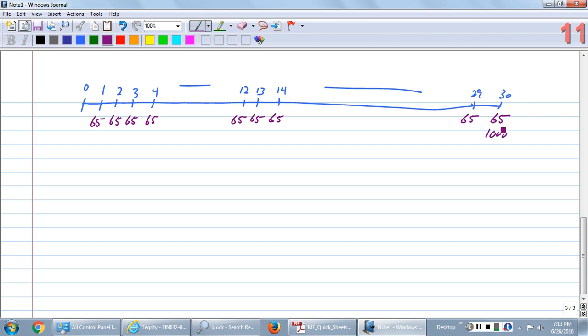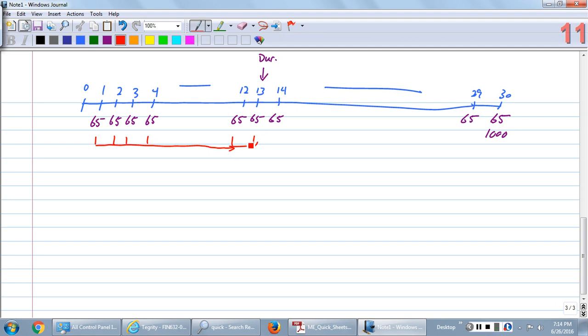Everybody's probably good with this. This is just the cash flows with this bond. Well, there's an interesting thing that happens at the point of duration. This particular bond has a duration of 13 years. So let's assume that you own this bond, and every year you're reinvesting the $65 cash flows that you get.